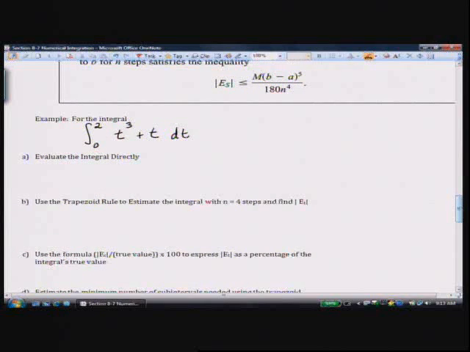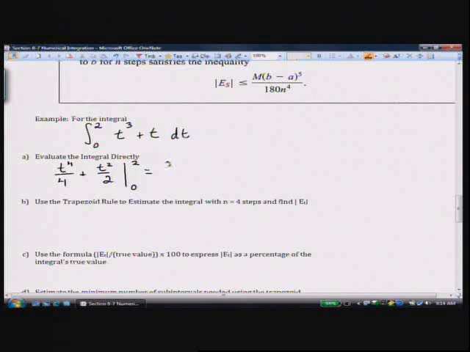And I picked an easy example that we can just do by hand to kind of get you to see how this works. But, you know, it wasn't too rough. Okay, so first of all, it says evaluate the integral directly. Well, that's easy enough. This will just be x to the 4th over 4 plus x squared over 2, and we're going to evaluate that between 0 and 2.